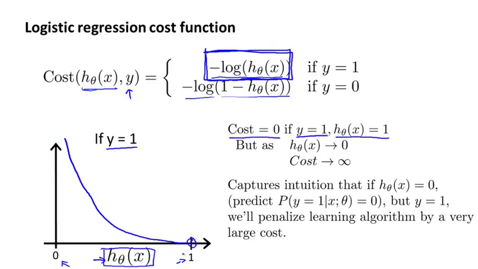That corresponds to this point down here, right? If h of x is equal to 1, and we're only considering the case that y equals 1 here, then the cost down here is equal to 0.